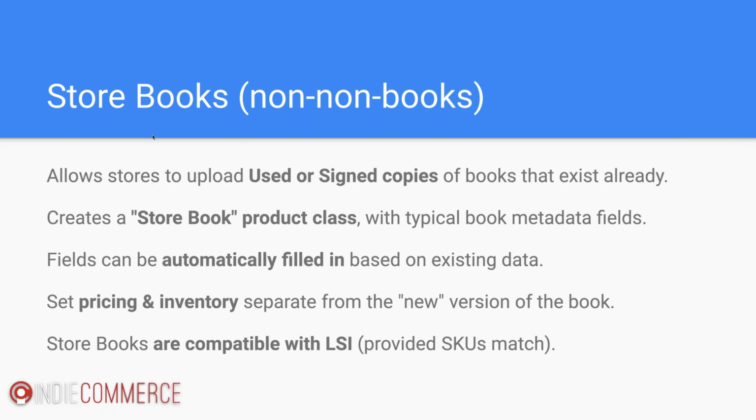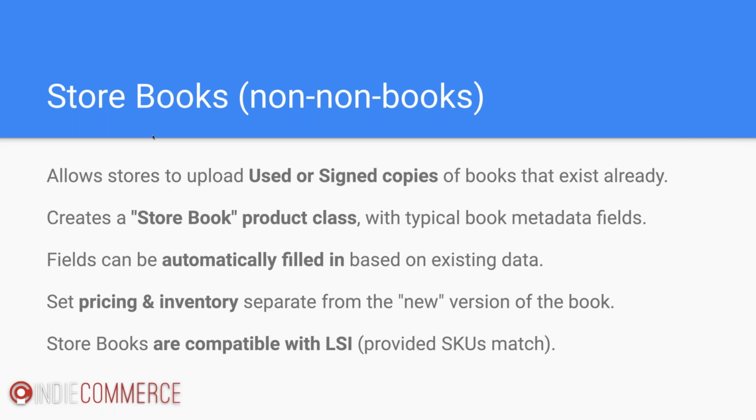If you are already using this feature and you want to upload your used or unique, signed, etc. inventory into your LSI file, it will absolutely work. It's just important that the SKUs need to match. And for store books, the SKU does need to be something different from the ISBN. The ISBN 13 on your IndieCommerce site and in your LSI feed is always assumed to refer to the new copy of the book.